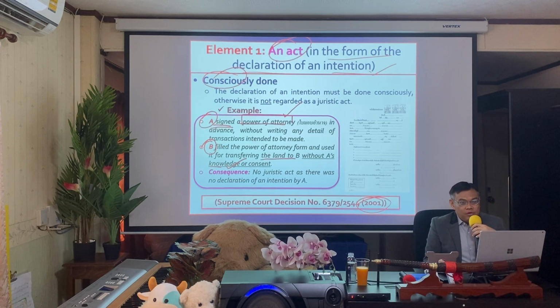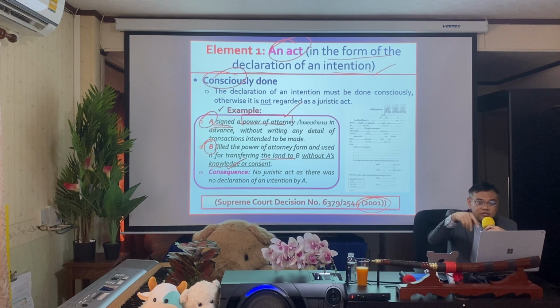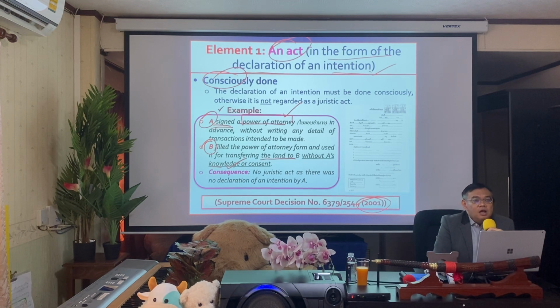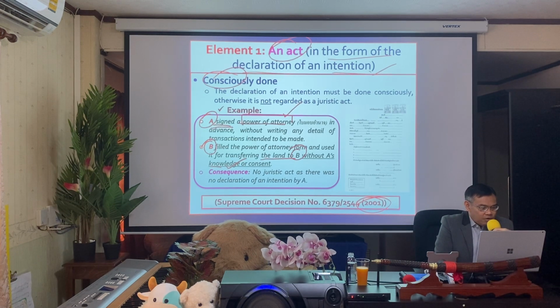A just signed the power of attorney in advance without filling in any detail, but B completed it, and the details written by B said that A wanted to transfer this land to B.